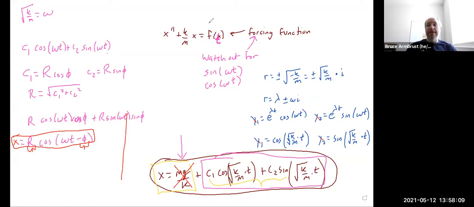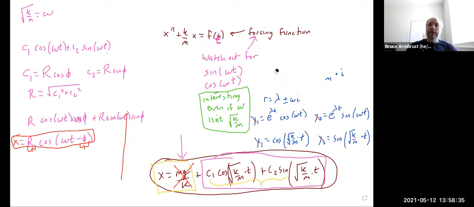And I'm just going to add to this that there are still some interesting things happening even if the omega isn't the same. So I'm just going to put that in a little box here.